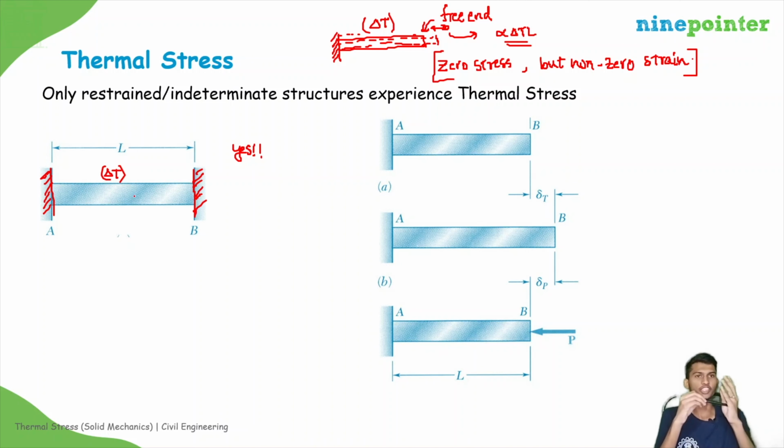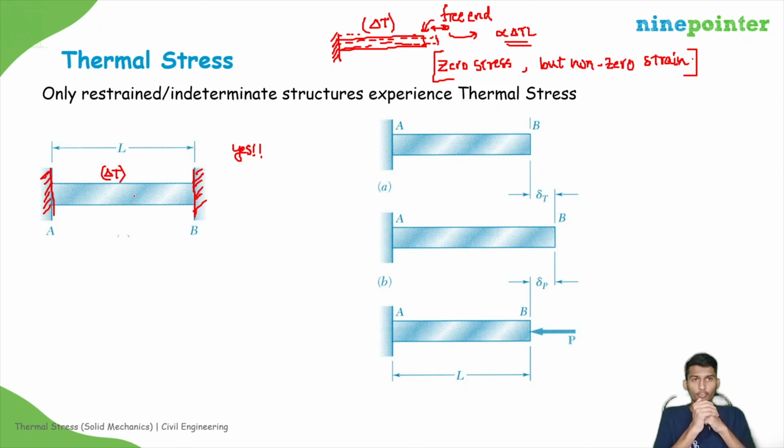It is restricted by these two fixed supports. Whatever the change in temperature, these fixed supports won't let it expand, right? So when it tries to expand, it will try to push the fixed support, due to which a reactive force will develop. Because of that reactive force, internal forces will also develop, because of which stress will be created, right?